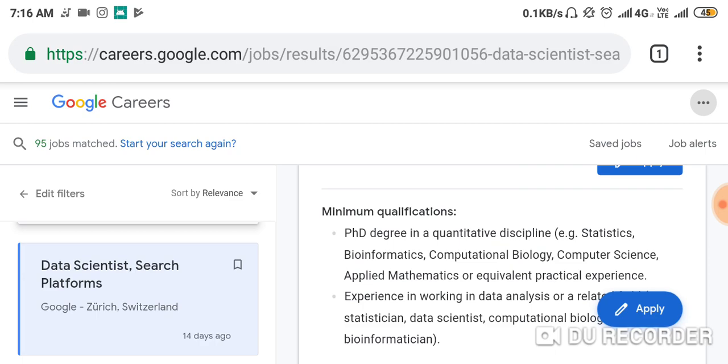Along with this, I will also make videos on Python programming: how to use Python, how to learn Python, and what other things you need for learning Python. After Python, I will also switch to the R programming language, and then there are lots of things to study. But I think in the beginning we have to start from the basics, and then go on to the pro level.